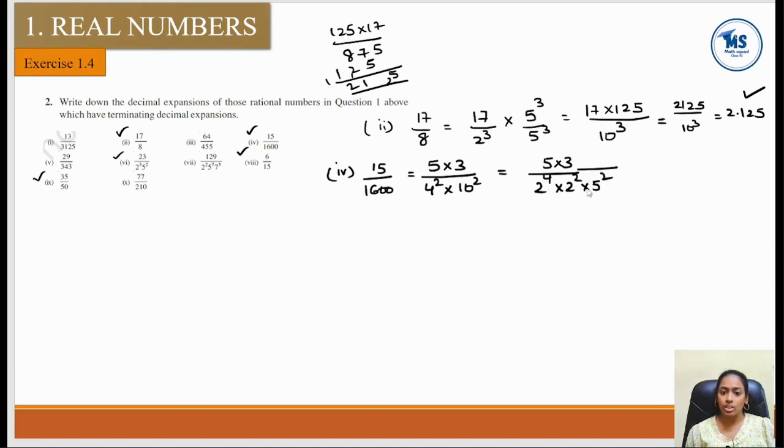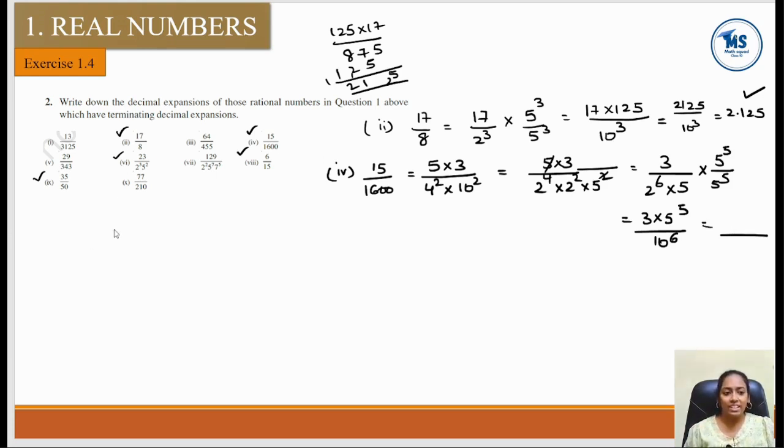I'll write 10 square as 2 square into 5 square, and 5 gets cancelled. Then it will be 3 by 2 power 6 into 5. I'll multiply and divide with 5 power 5. Then I'll get 3 into 5 power 5 by 10 power 6. If you solve this, you'll get some number. You try to do that and let me know in the comment section what this answer is.